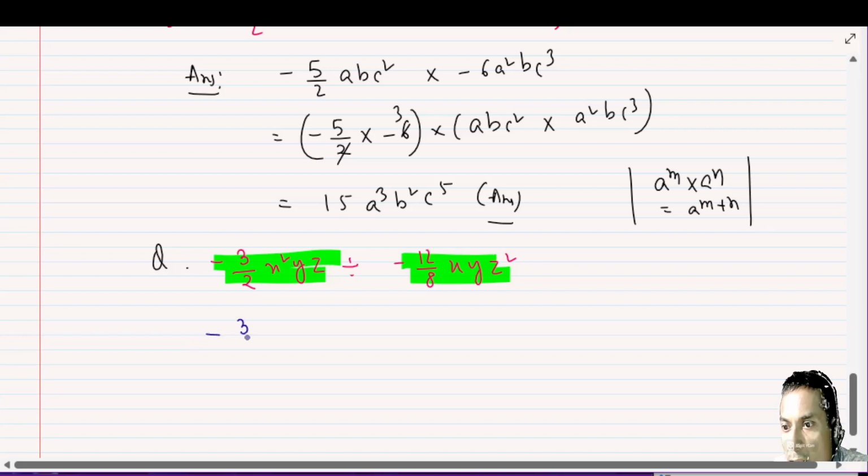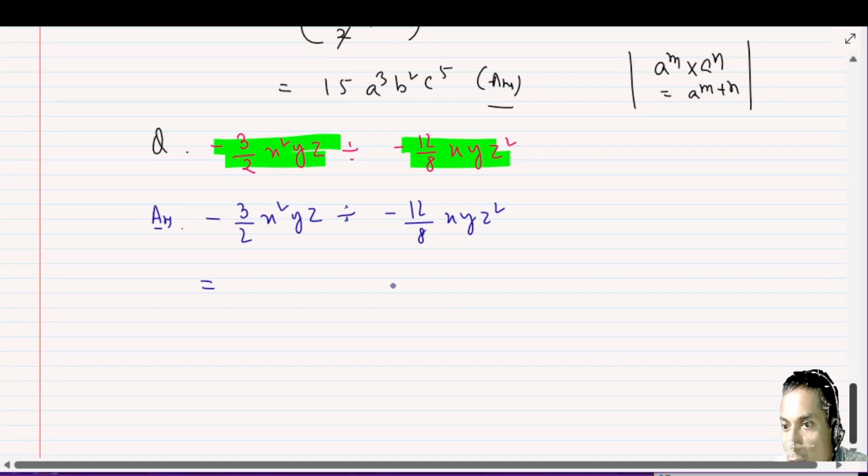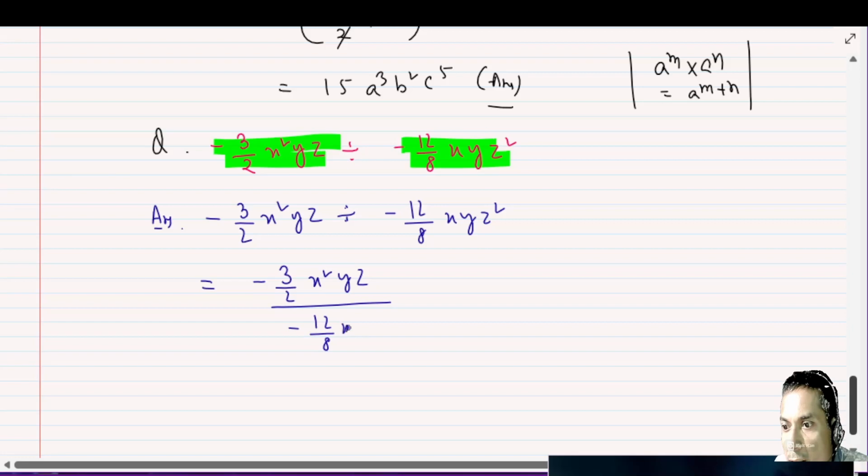You just write down the question, that is minus 3 by 2 x square yz divided by minus 12 by 8 x y z square.